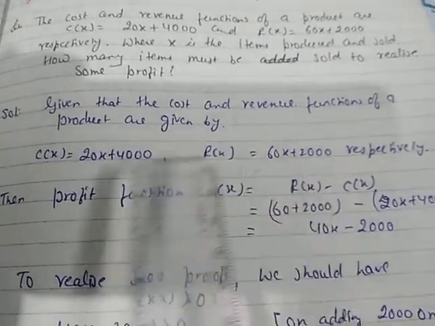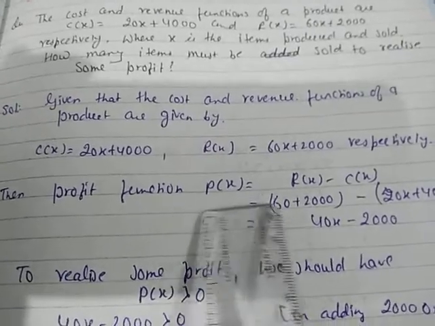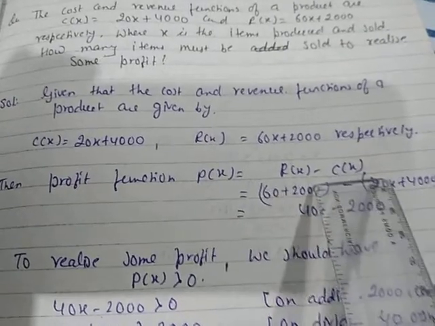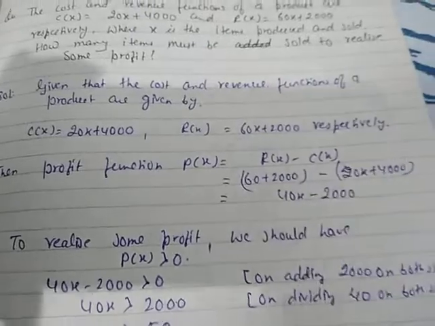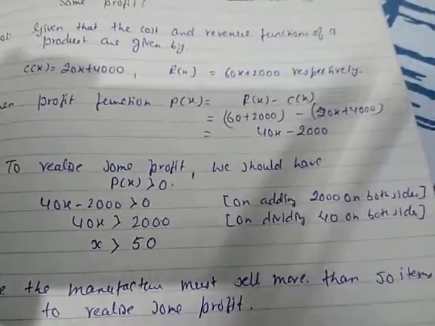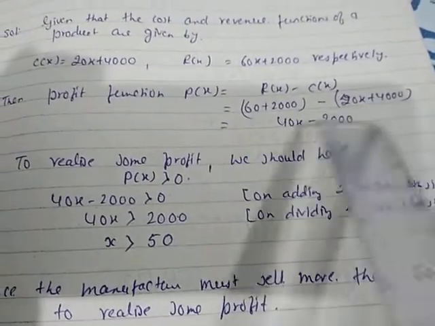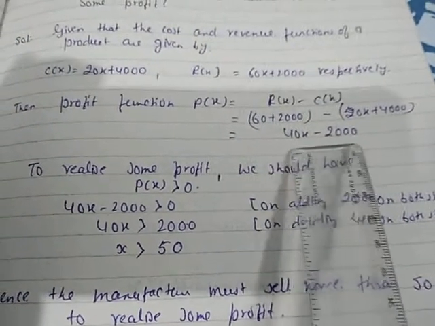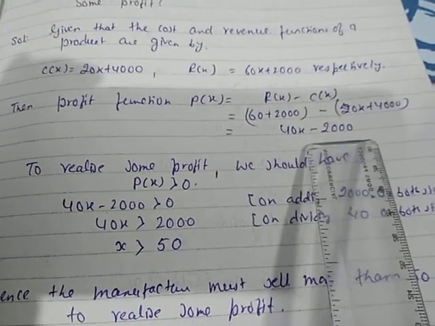Profit function, that is P(x), equals R(x) minus C(x). Therefore, the profit function, after doing calculation, gives you 40x minus 2000.